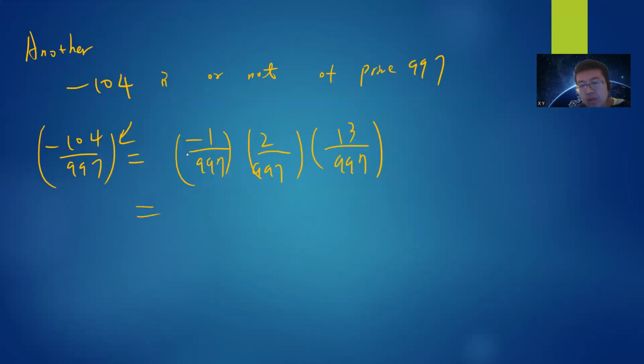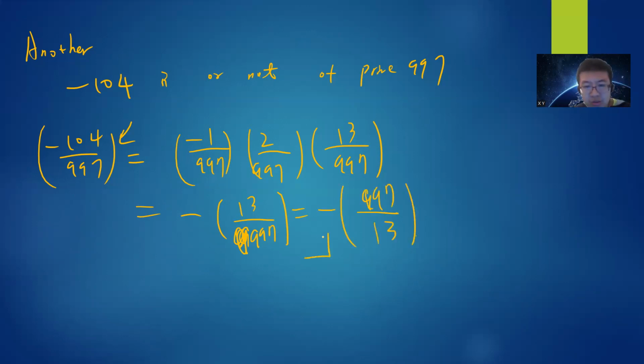For the factor of 2, you just check whether p is 1 or 7 mod 8, or 3 or 5 mod 8, and the other one we can calculate too. You get 13, right? In this case these are simple. Now use reciprocity.